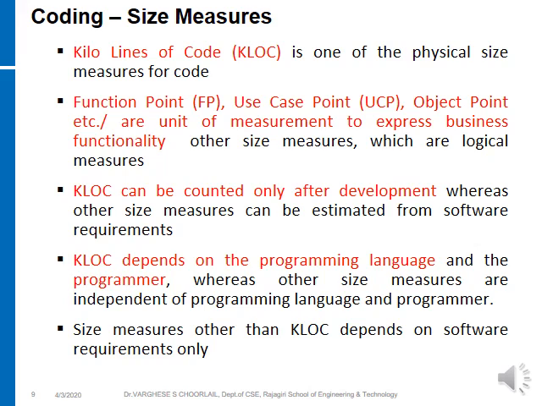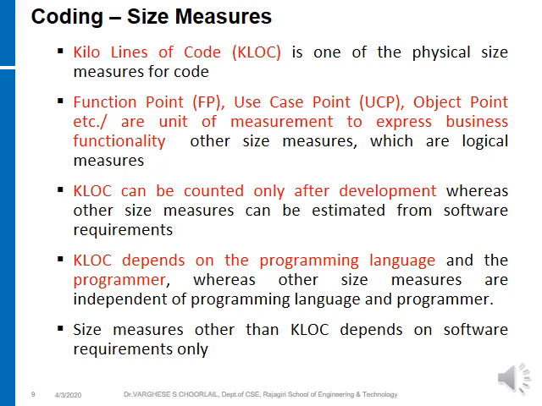The same situation applies to different programmers. Programmer number 1 is able to complete a job within 50 lines of code, but programmer number 2 completes the same purpose with 75 or 100 lines of code.